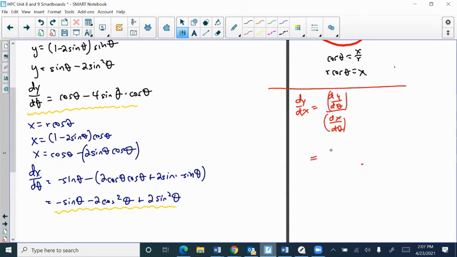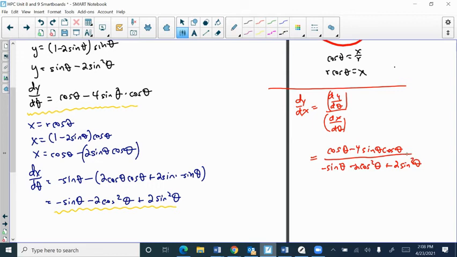It's not going to be linear. Obviously, it's a trig function. So cosine theta minus 4 sine theta cosine theta, divided by negative sine theta minus 2 cosine squared theta plus 2 sine squared theta.